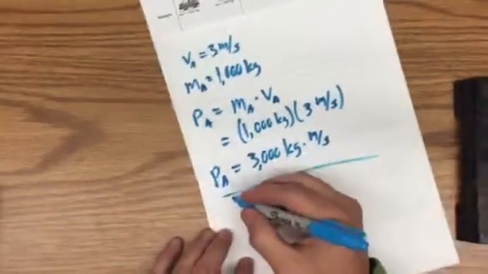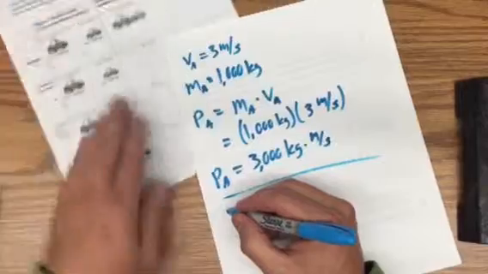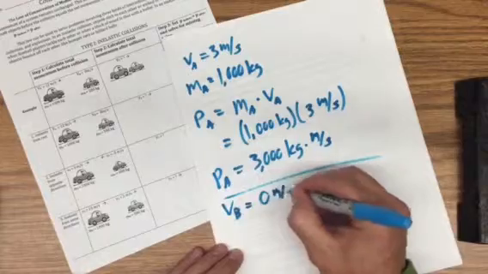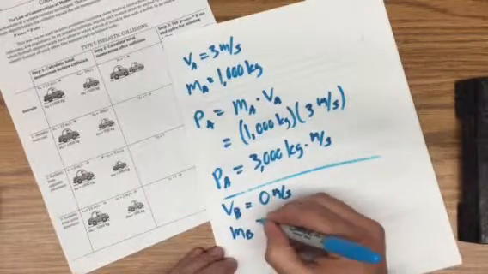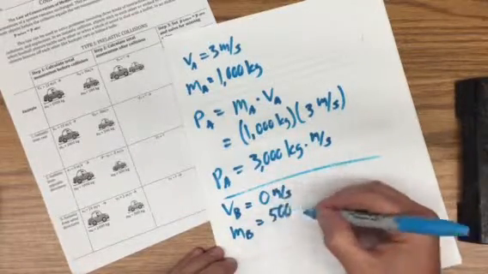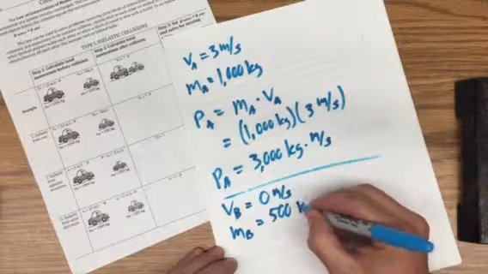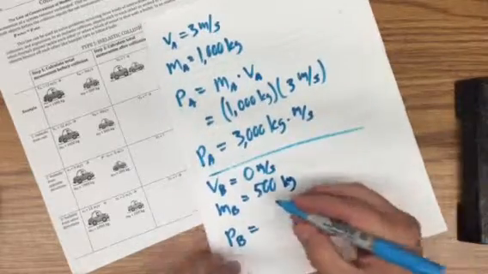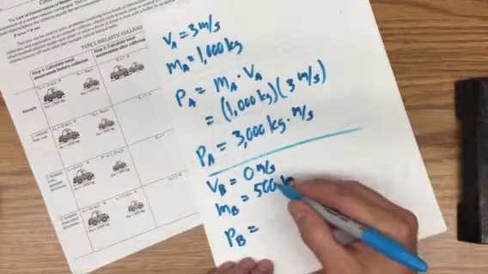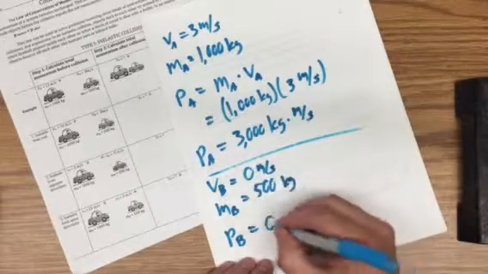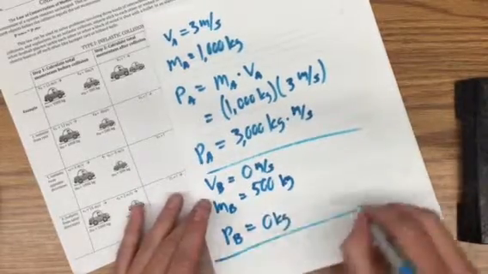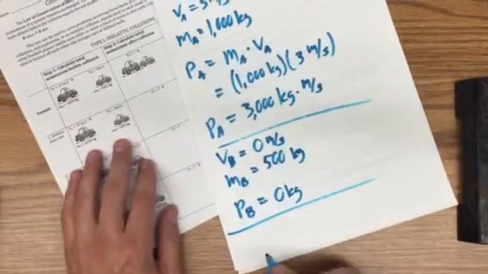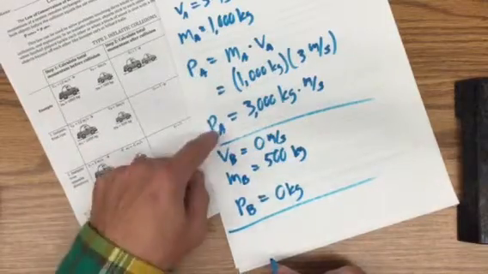Car B has a momentum of, well, let's see. Car B's speed is 0 meters per second. Its mass is 500 kilograms. And of course, its momentum is mass times velocity, which is 500 times 0, and we know that it's 0. The total momentum of the two cars as a system before the collision is that plus that.